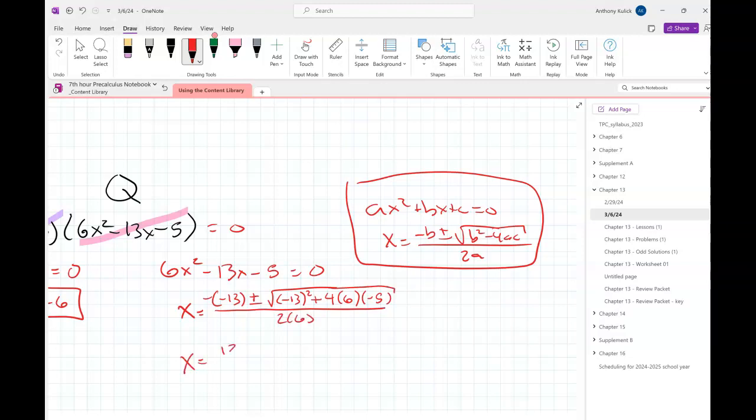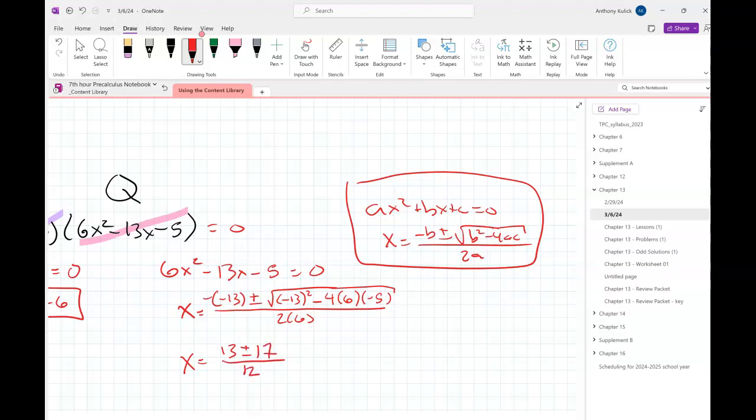Let's see. Negative 13 is 13. 13 squared is 169. 4 times 6 times negative 5. Oops. That was supposed to be a minus sign in there. Yes, is 120. 169 plus 120 is 289. The square root of 289 is 17.